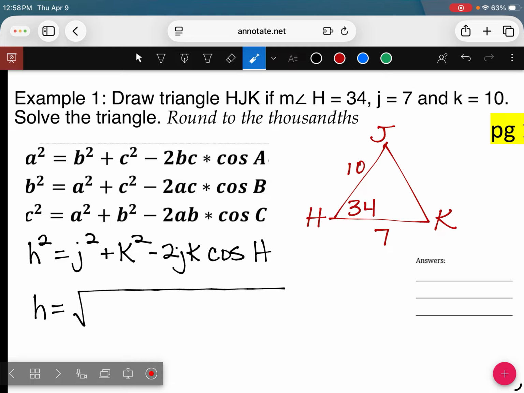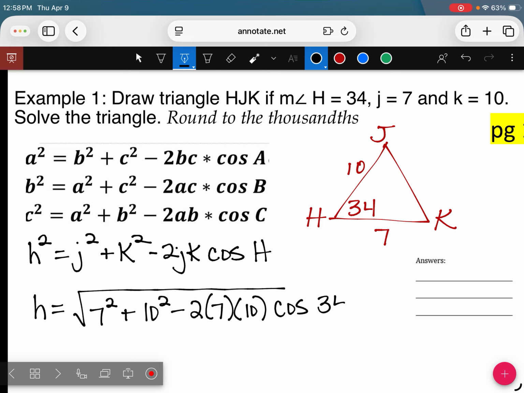So little j is 7, little k is 10, minus 2 times little j, little k, and then cosine 34 degrees. Type that whole thing in your calculator, just like that, and you'll have little h.